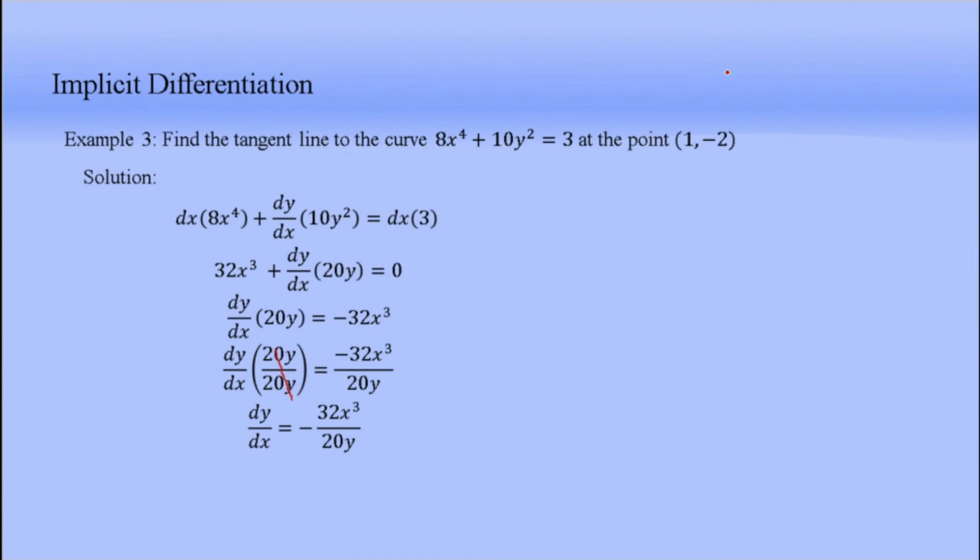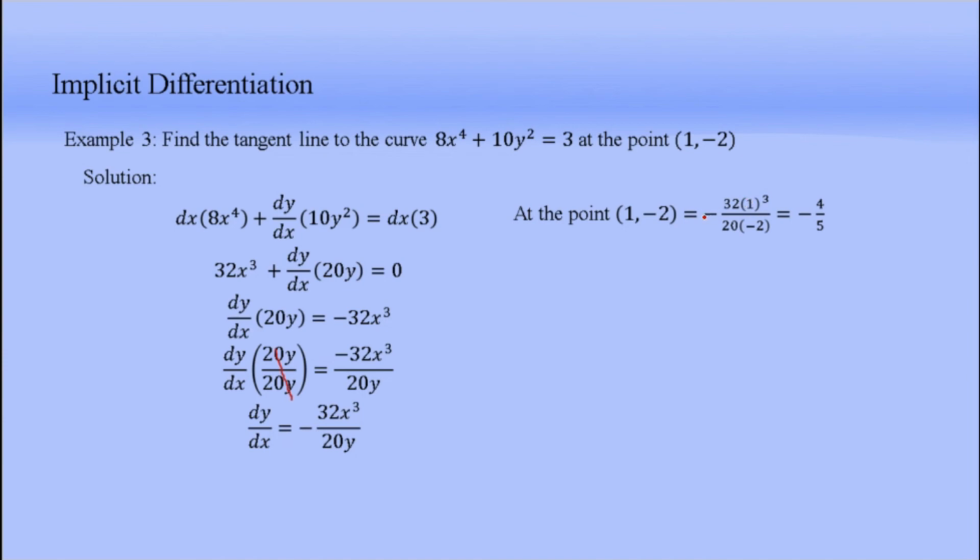That is not the derivative value yet. Since there are given points, x is 1 and y is negative 2. What are we going to do with these points? We are going to substitute these values into this derivative function.